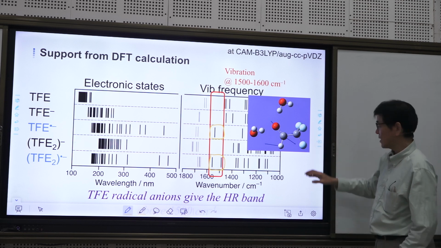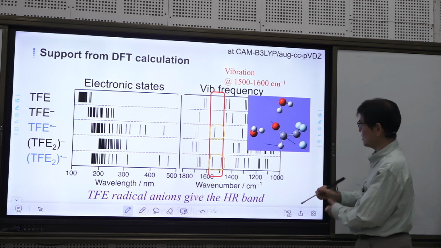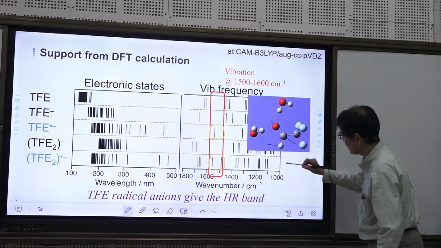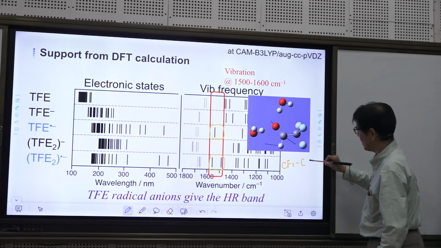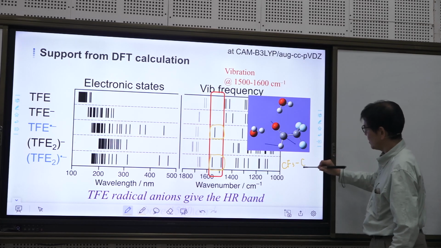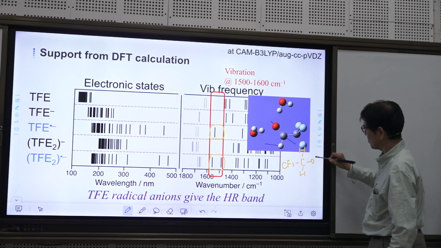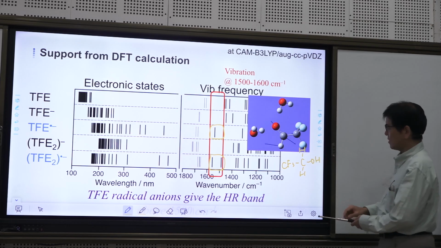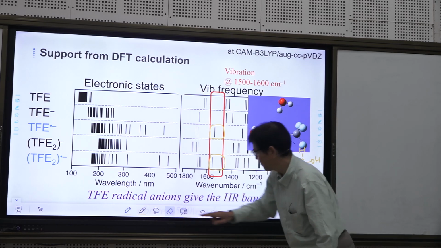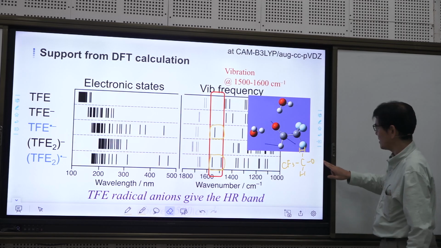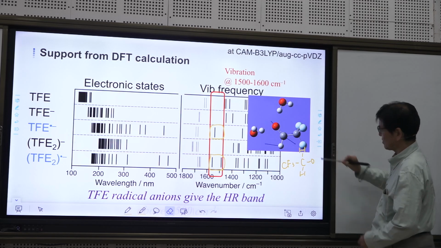So the radical anion is CF3CH. This is the neutral form, and radical anion is formed when H is removed and it becomes anion.